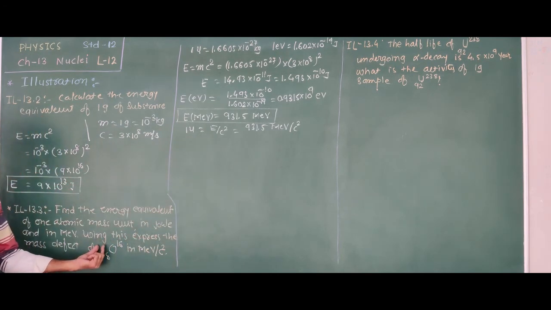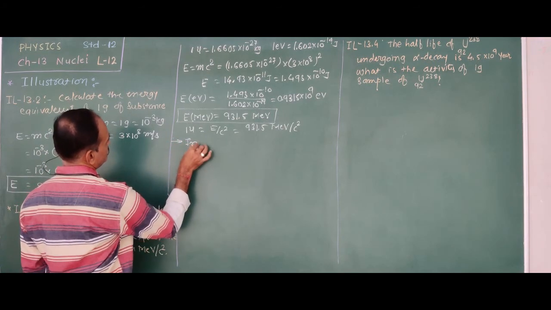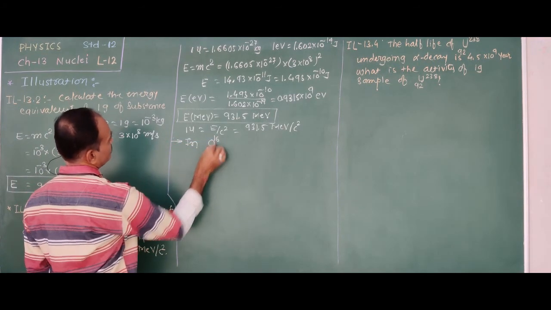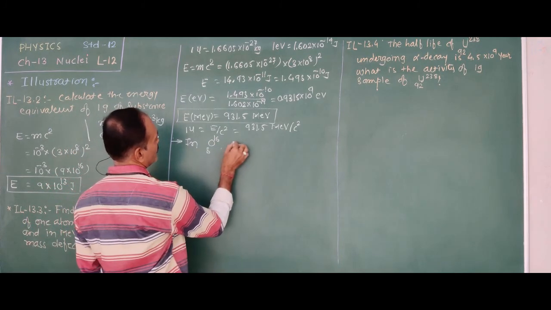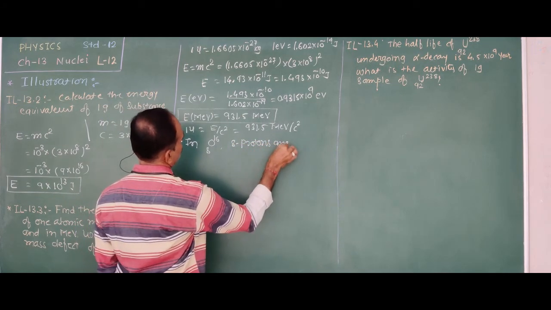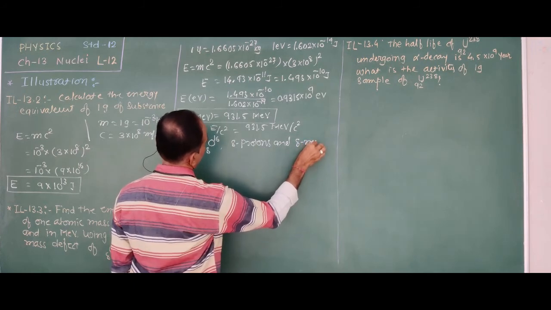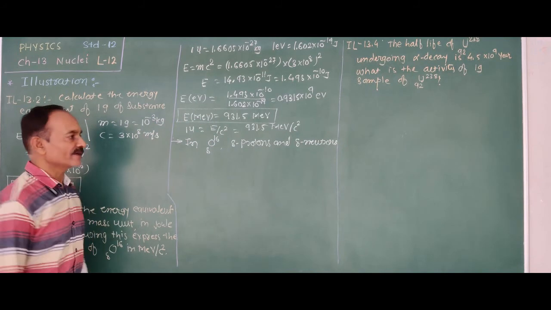Now we are interested in finding the mass defect of oxygen-16 in MeV per c squared. In oxygen-16, 8 protons and 8 neutrons are present.